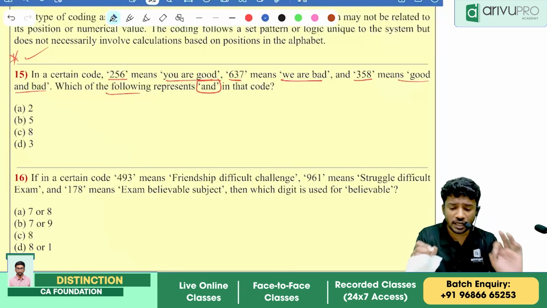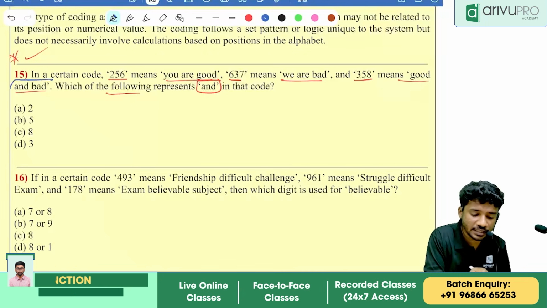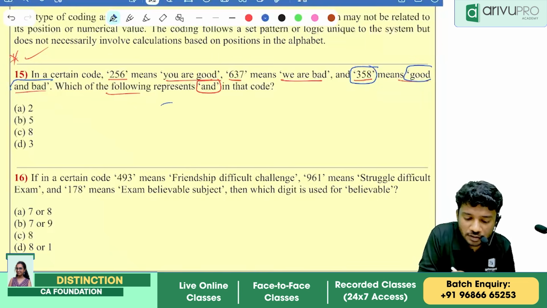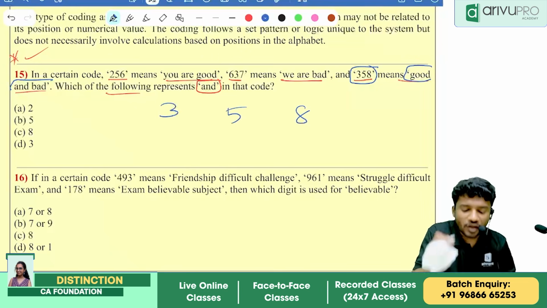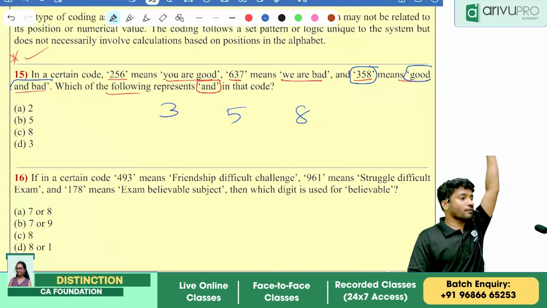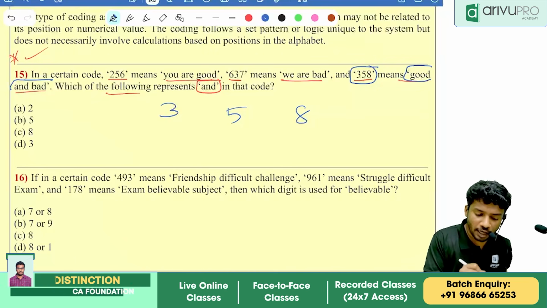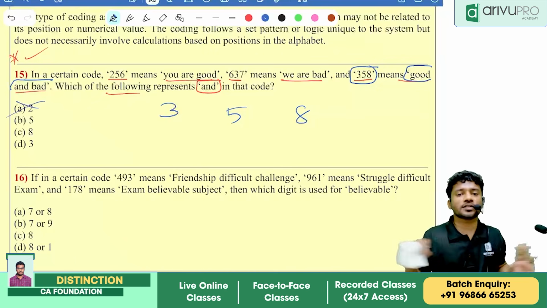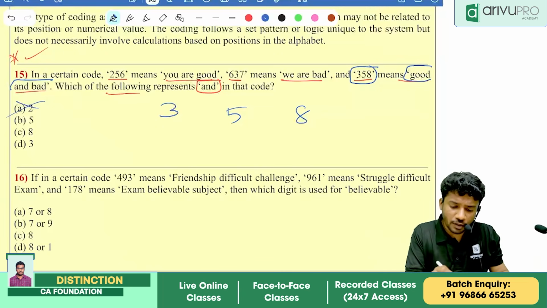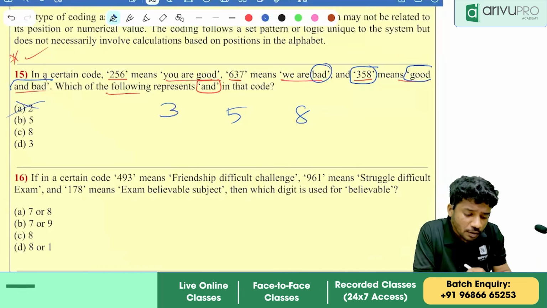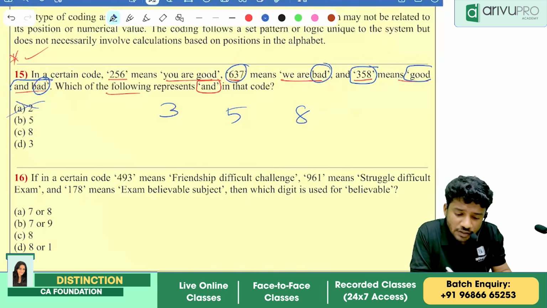Before that, we should understand where is and. And is there in good and bad. What is the code for that? 3, 5, 8. Any of the 3 or 5 or 8 will be the code for what? And. Now people, which option is wrong? Option A is wrong. Now we will check. People, look here. Bad is there in both the places, in 637 and 358.